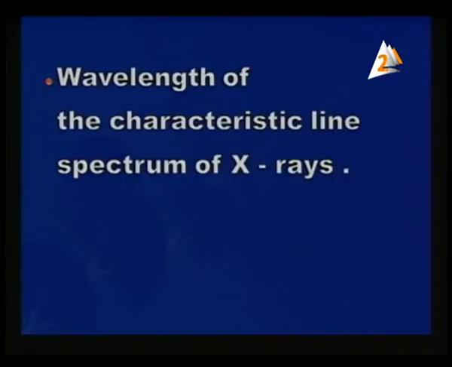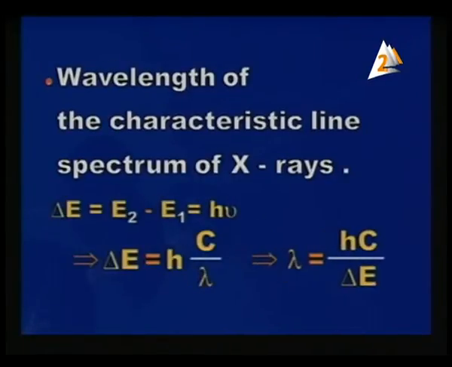We want you to give the expression that gives the wavelength of the characteristic line in the X-ray spectrum. Of course, the characteristic line energy is given by E2 minus E1, which is h nu.